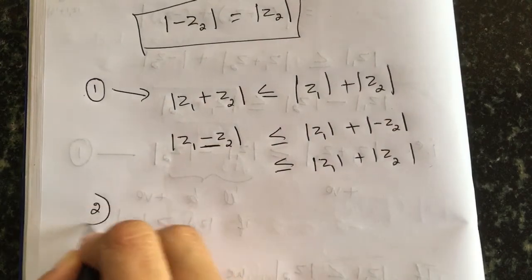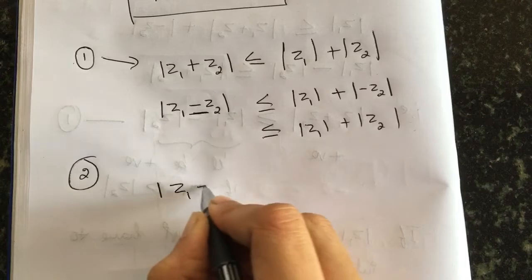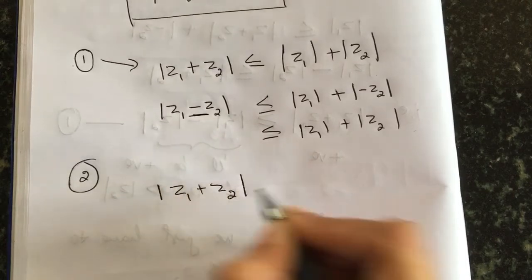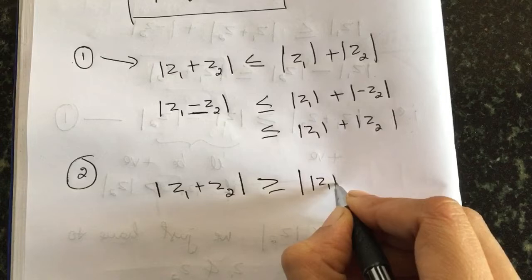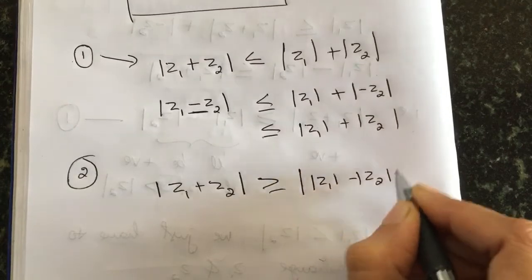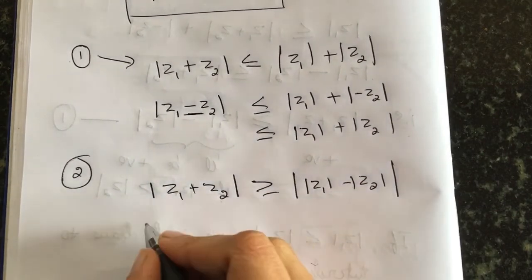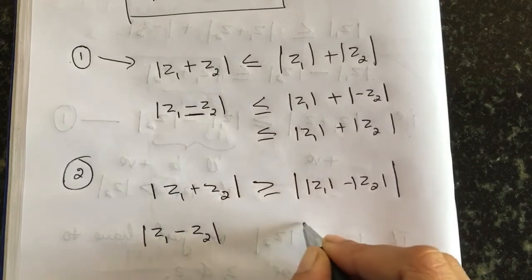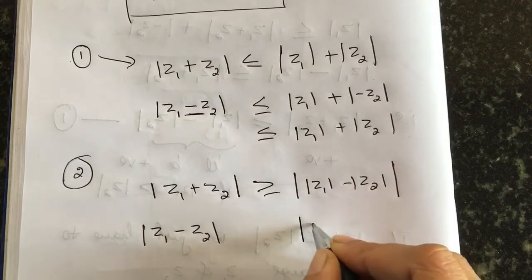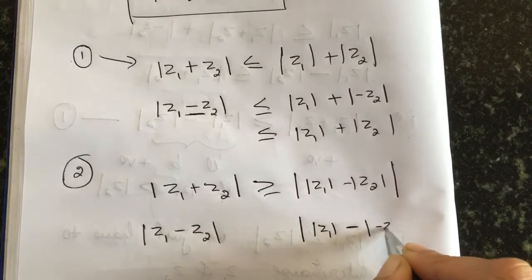And for the lower bound, the expression is like this: modulus of z1 plus z2 is greater than or equal to modulus of z1 minus modulus of z2, right? This is the expression. When I replace z2 by minus z2, this will be modulus of mod z1 minus mod z2.